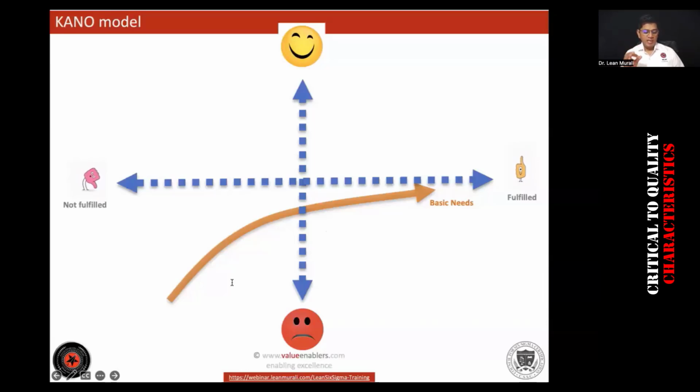Basic needs means if I check in at a hotel and enter the room, I feel very tired. I want to have a warm shower. I enter the bathroom and open the shower. There's a nice flow of water, a warm shower, and I enjoy it.